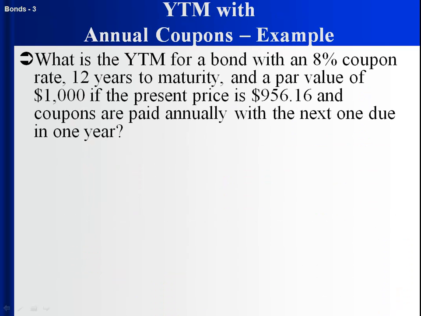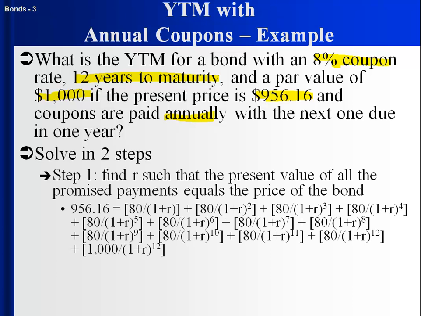So let's look at a couple of examples. We have a bond with an 8% coupon rate, 12 years to maturity, par value of 1,000, price is $956.16. Annually, next one a year, what's the yield to maturity? Well, the first thing you need to do is find the discount rate such that the present value of the promised cash flows is equal to the price.